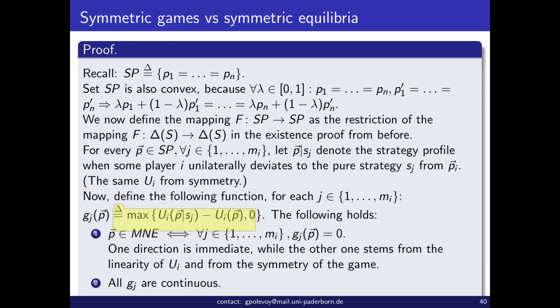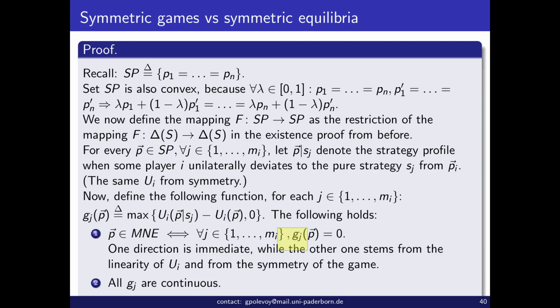Why? If it's a mixed Nash equilibrium, then there is no way to change, so no player can deviate and change something, and therefore for each j it's 0. So that's the immediate direction.